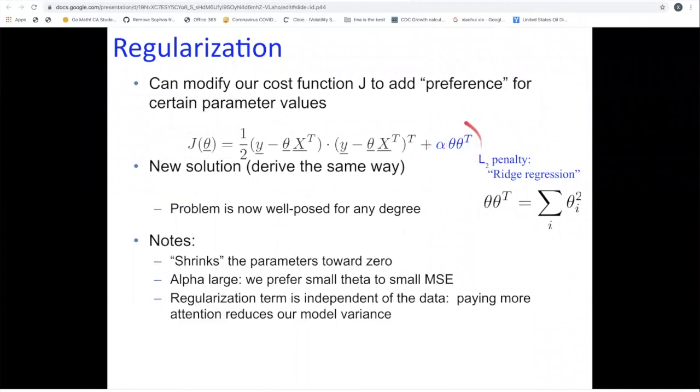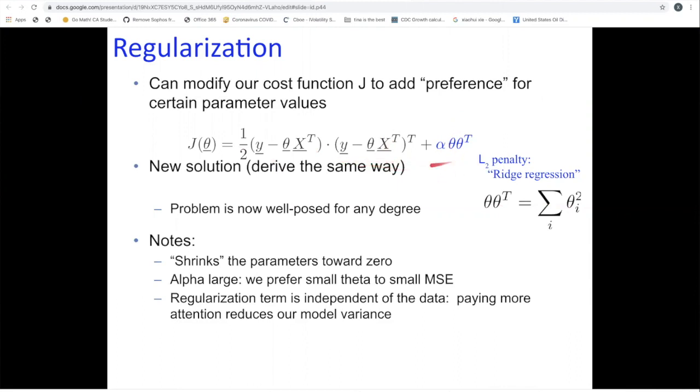And how do I minimize this regularization term? I want to make sure that each individual theta is small. That's how we enforce the learning algorithm to make sure the learned parameters are not too large. In the end you have these two terms: the MSE loss and the penalty term.